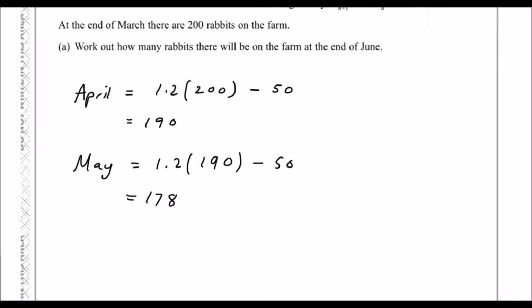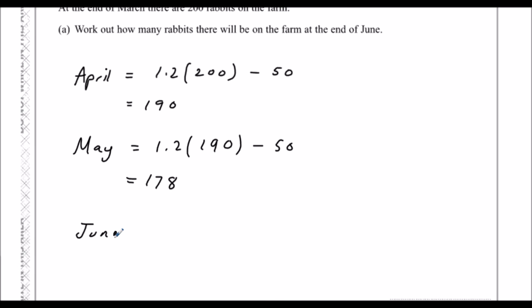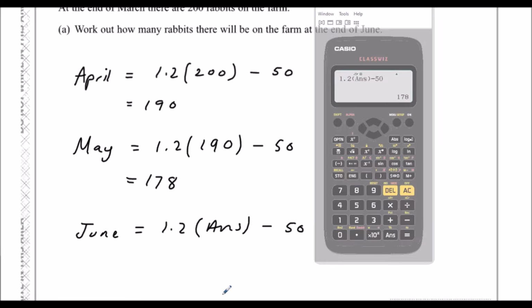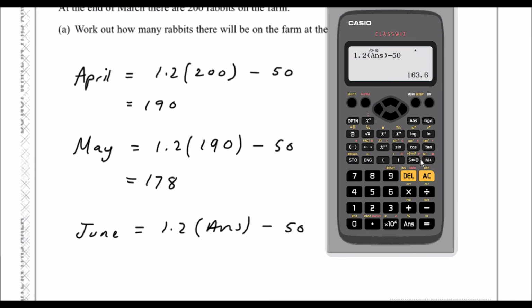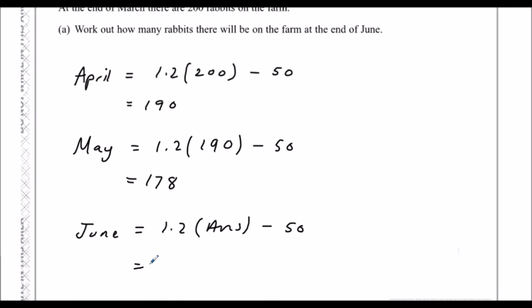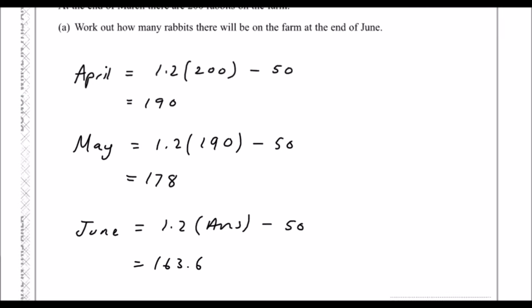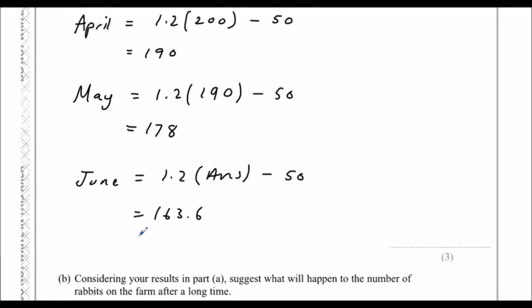And then June, which is the answer we want, is 1.2 times the last answer, take away 50. I've got 163.6. I don't want to give that as my answer because I don't want to give a decimal number of rabbits. So 163 or 164, 164 rabbits.